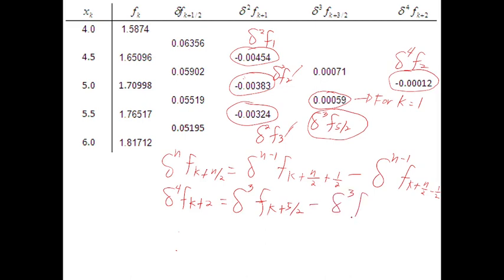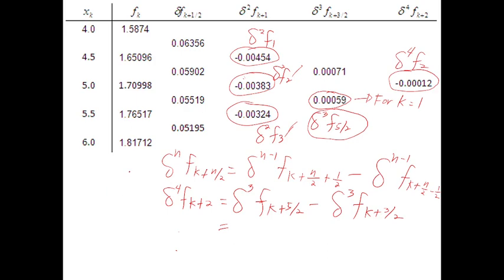Delta cube f k plus 4 over 2 minus 1 over 2, that is 3 over 2. Okay, and then we have, so for n equals 4.